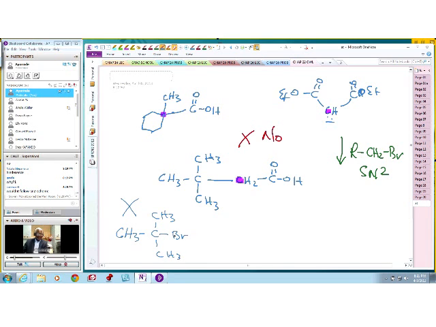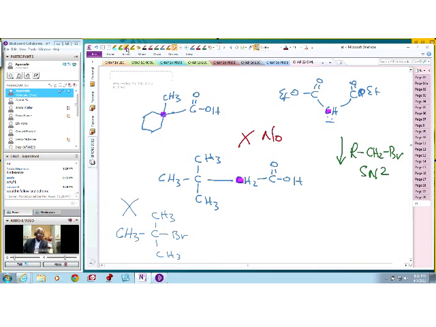You cannot do this. This is a tertiary substrate. The leaving group is attached to a tertiary carbon. You cannot have an SN2 reaction on a tertiary carbon. So keep that in mind. And that is why we keep telling you that in this process of alkylation, it is an SN2 reaction.